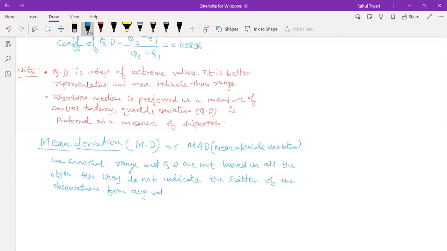MD overcomes both these drawbacks of the earlier measures of dispersion. Okay, so now let's check the definition.